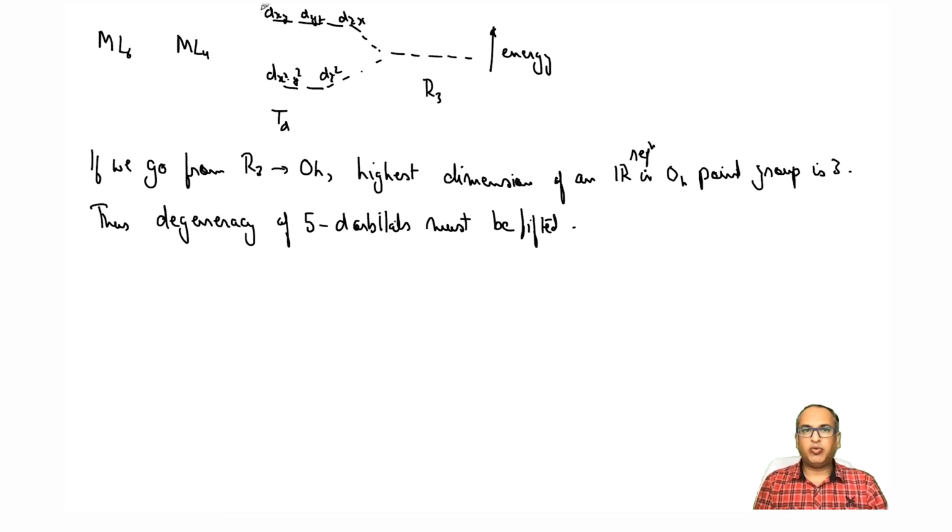So now let's see why this set of orbitals dxy, dyz and dzx combine together and pair together, and dx square minus y square and dz square pair together. We have already seen that we can associate the basis functions, the direct product or binary product of unit vector transformations, to d orbitals, right?